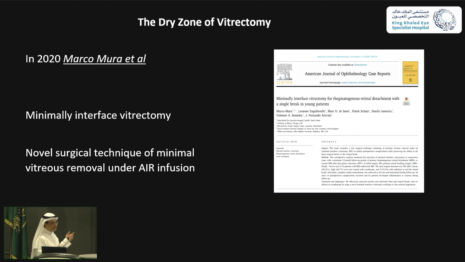This is a paper that has been published about a new technique in vitrectomy. They call it minimal interface vitrectomy for rhegmatogenous retinal detachment. It's been published by Dr. Mora, and it's a novel surgical technique of minimal vitreous removal under air, not under fluid.